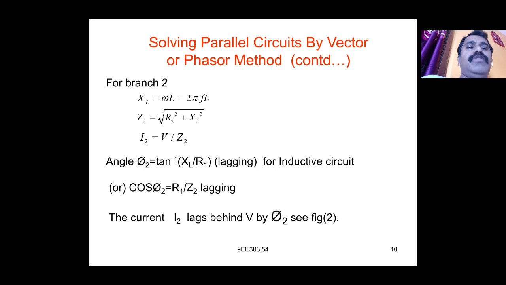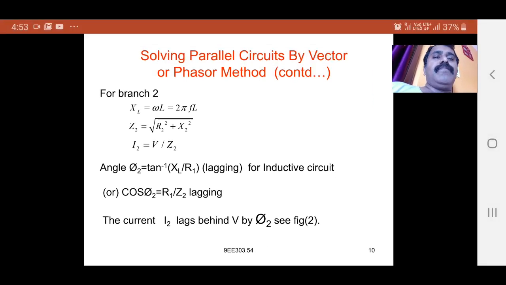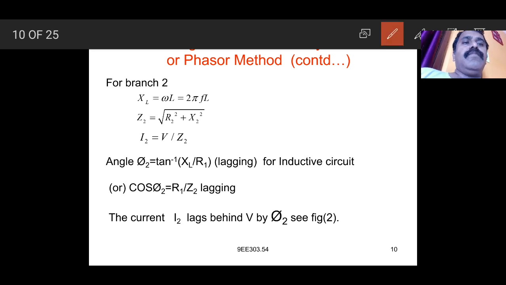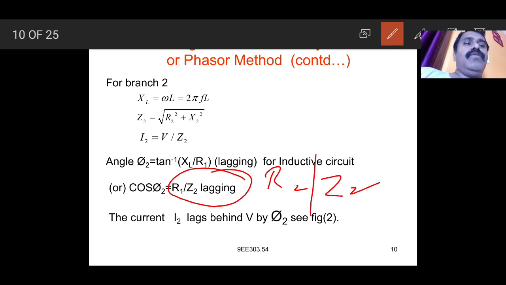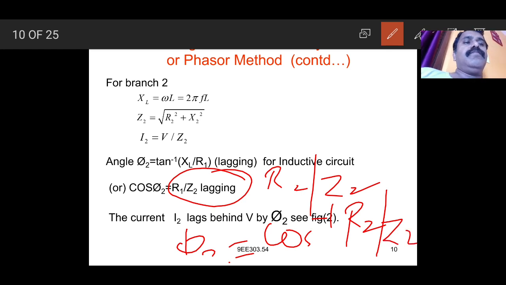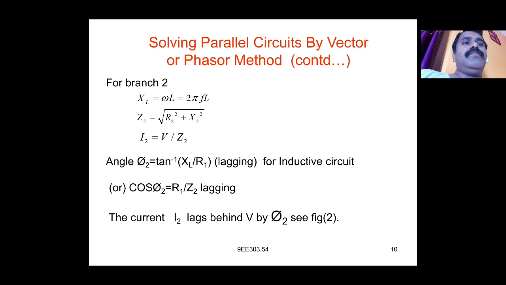So phi 2 is equal to cos inverse of R2 by Z2. So current I2 lags behind V by some angle phi 2.